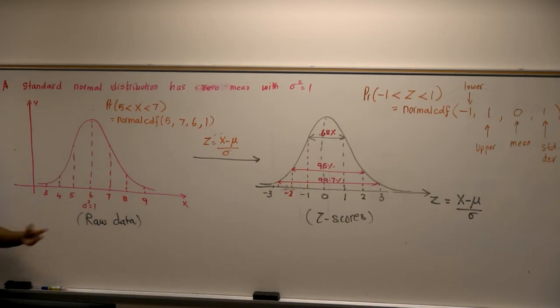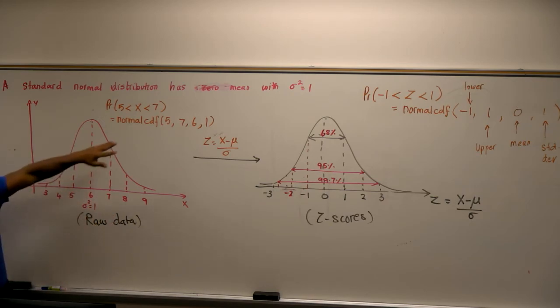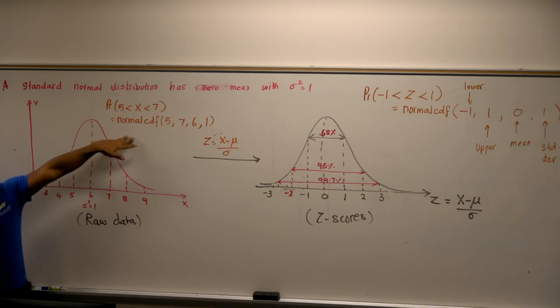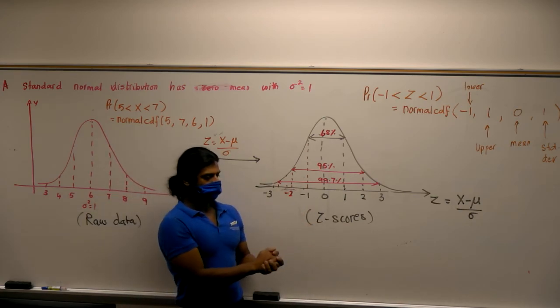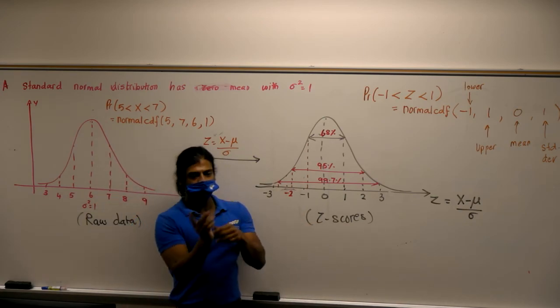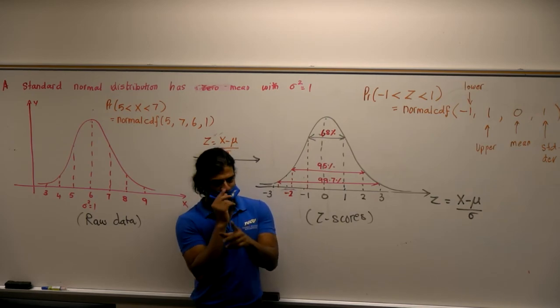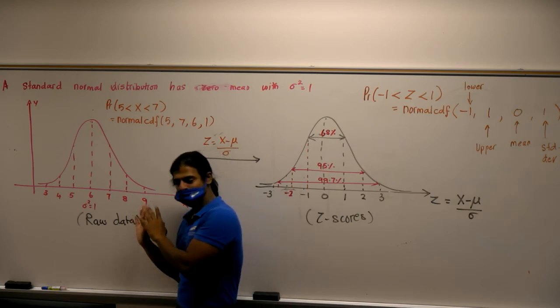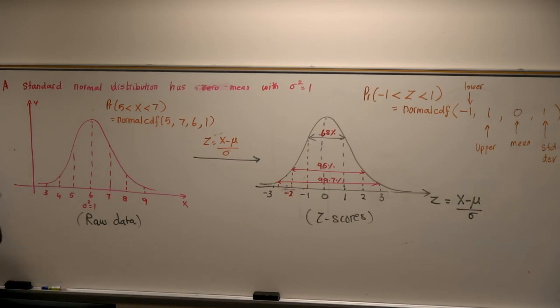So if you have the data at hand, and if you want to find the probability between 5 and 7, you can find it directly using that syntax. But the homework system might say, convert it to a z-score, use the table and find the probabilities between the two values, right? You don't have to use the table, that's what I'm trying to say. You can just use the calculator. I will go over the table when I do a problem, but it is not necessary. Does that make sense? Okay.